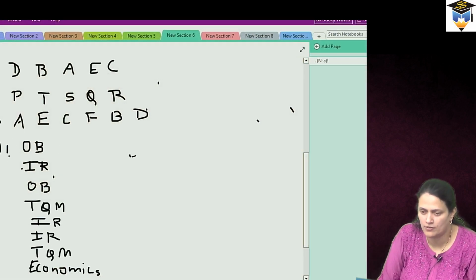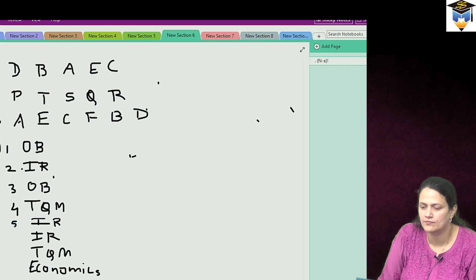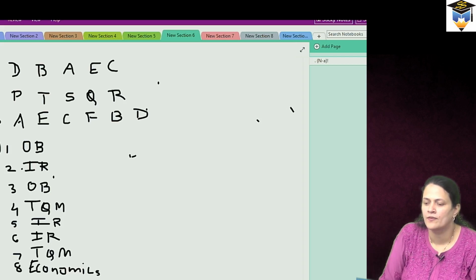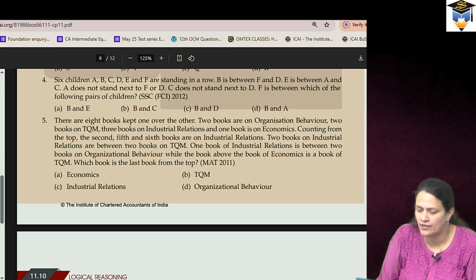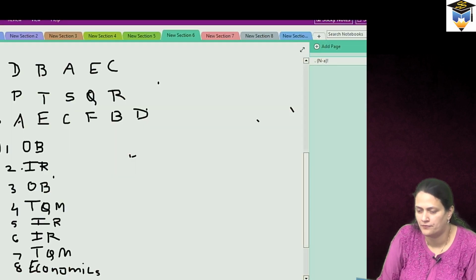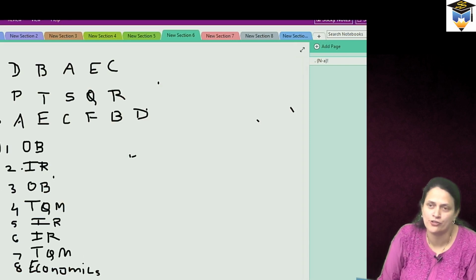So if I just number them, then IR is given. 2 books on industrial relations are between 2 books of TQM. So I am going to place TQM at 4 and 7 position.